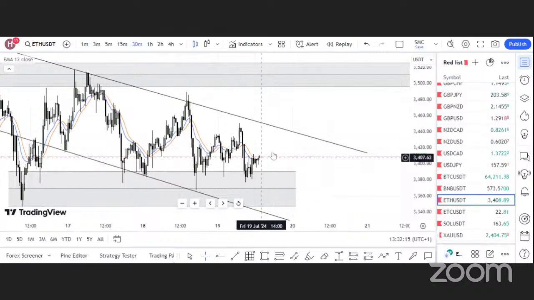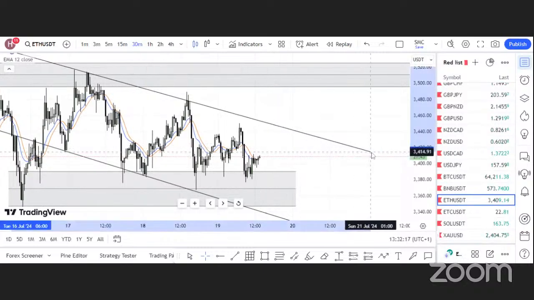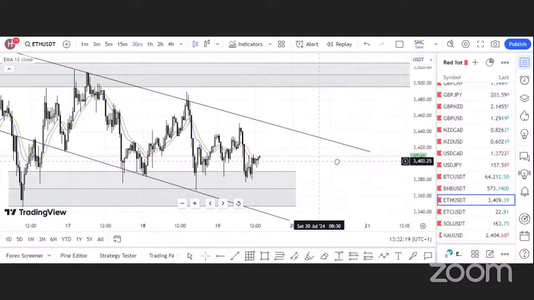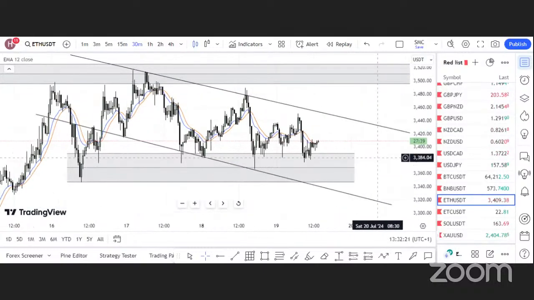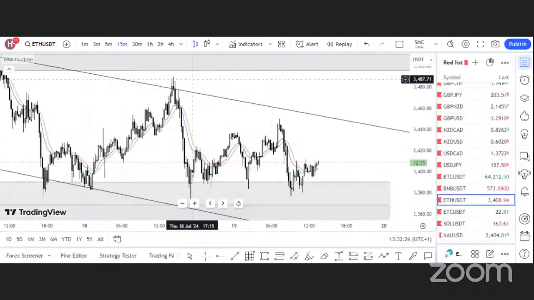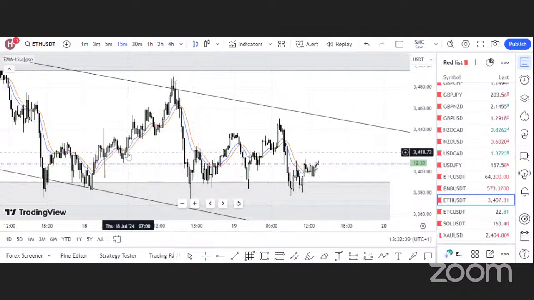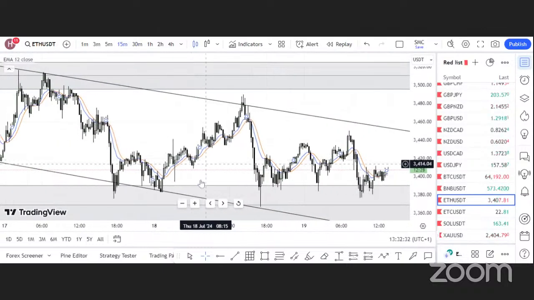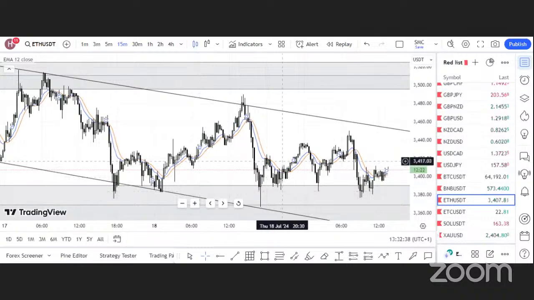And then, so I think this market is going to continue to buy for now. So we have these multiple break-up structures to the upside.